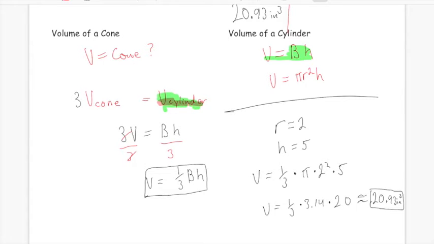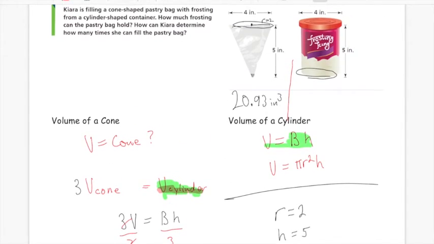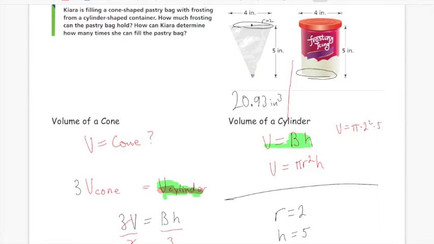Now for the container, the volume of the container, I'll do this right up here, is the volume is equal to pi times 2 squared times 5. So the volume is equal to 2 squared times 5 times 3.14 gives us 62.8 inches cubed.